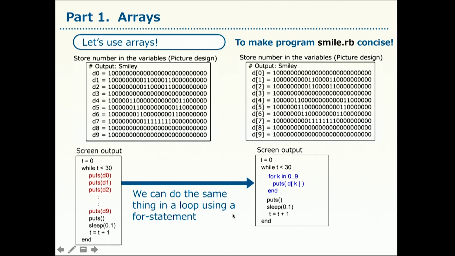When an array is used in this way, the previous program on the left side becomes the one on the right side. Note that the 10 puts commands can be written more simply in this way, by using a for statement. Of course, it doesn't help you in designing the picture and putting the numbers for the picture into the array. You just have to write this part. But the subsequent output to the screen, for example this part, can be stated much more simply.